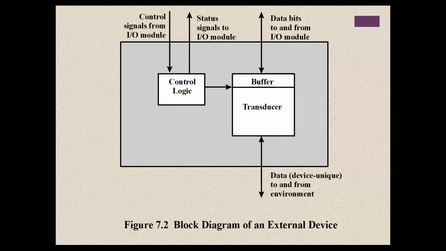Typically, a buffer is also associated with the transducer to temporarily hold data that is being transferred between the I/O module and the external environment. Why do we need this? Again, because of variation in formats and in speed. So the buffer is necessary.